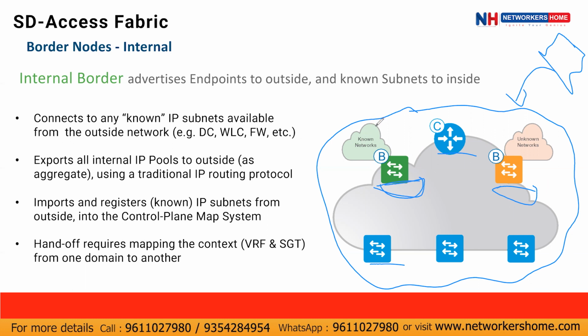These known networks are basically mostly the data center, which will be the same for this branch and for that branch as well, because the data center is just one, right? I believe a known network is the internal network used by an organization. Yeah, so basically, other than the campus network, what else is part of the organization's internal network? It's the data center.